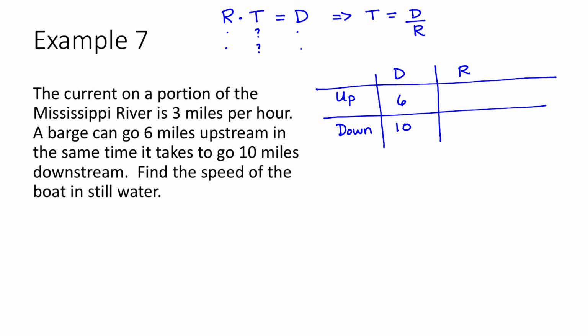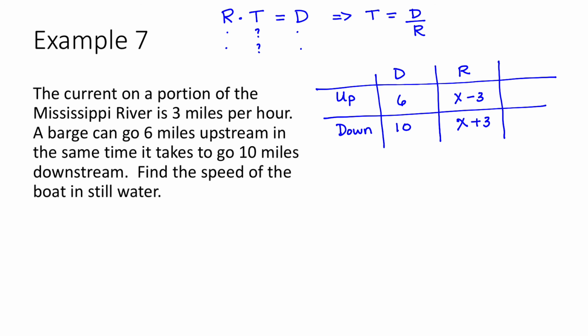The rate when it's going upstream is its speed in still water minus the 3 miles per hour of the current, because it's fighting the current and getting slowed down. When it's going downstream, it's going faster because of the current.